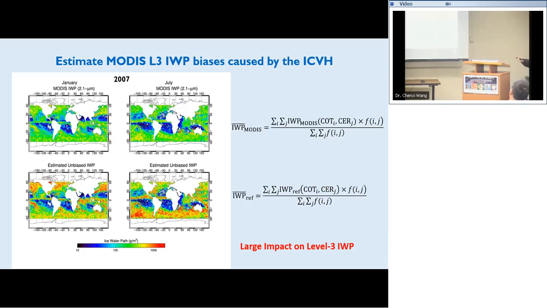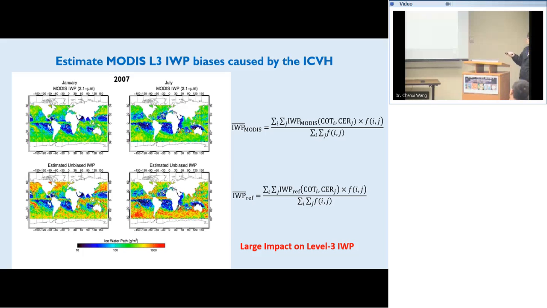estimate what the unbiased IWP could be, starting from the MODIS product. So here I show the MODIS IWP retrieved from the 2.1 micron channel. Here are two different months, January and July in 2007. And here is the estimated unbiased IWP.